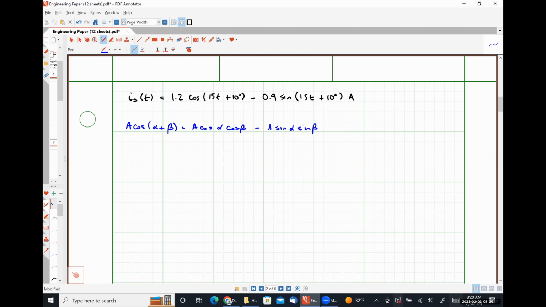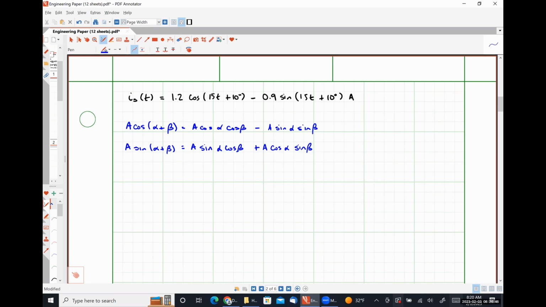Okay. Another trig identity that we're going to use is the sine alpha plus beta one. That's how we're going to deal with the second half of this thing. So sine alpha plus beta is sine alpha cosine beta plus cosine alpha sine beta. And once again, if I have an amplitude out front, that amplitude gets distributed among my terms. Okay.